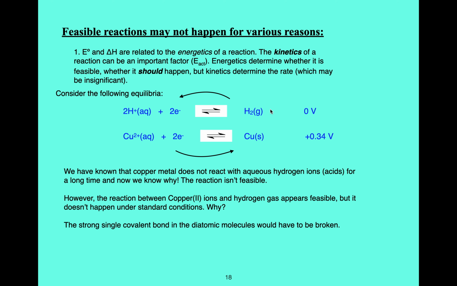Why? Well, it's the strong covalent bond in the hydrogen molecules that resists being broken, and because that resists being broken, the reaction cannot proceed. So even though there's a difference of 0.34 volts in the standard electrode potentials, here the activation energy is too high.